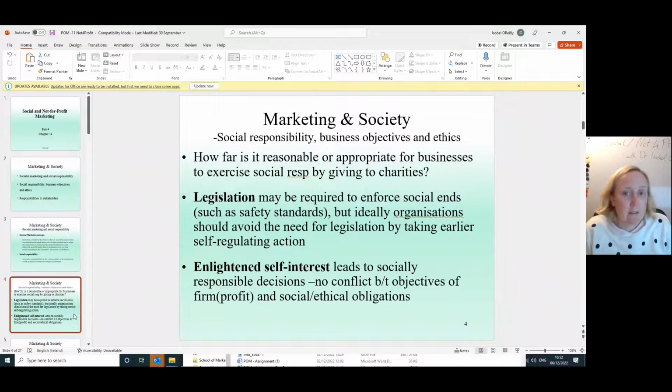So firstly, we need to look at legislation. Legislation may be required to enforce social ends, safety standards, health and safety in the workplace, all that sort of thing. But ideally, organizations should avoid the need for legislation by taking earlier self-regulating action.